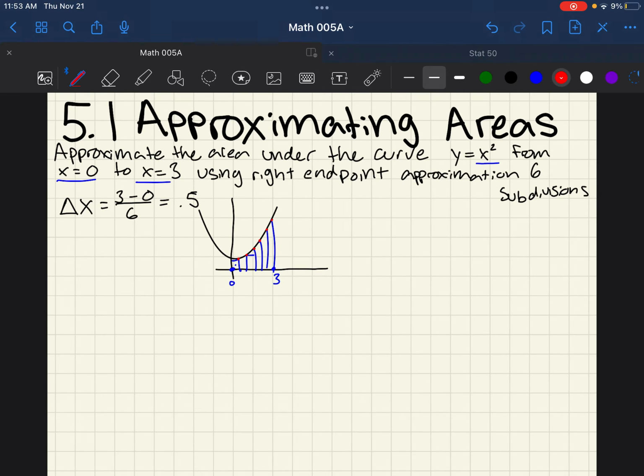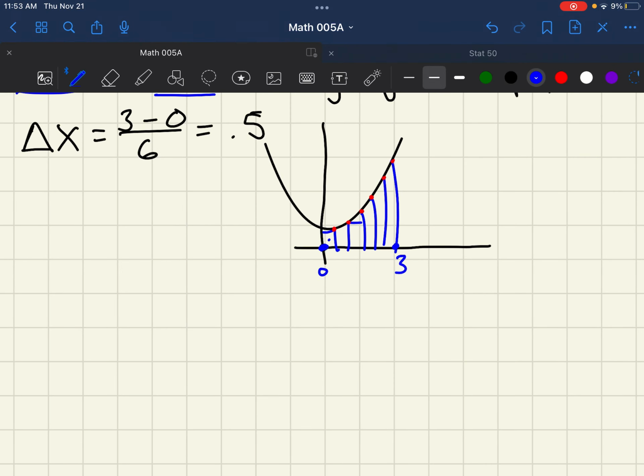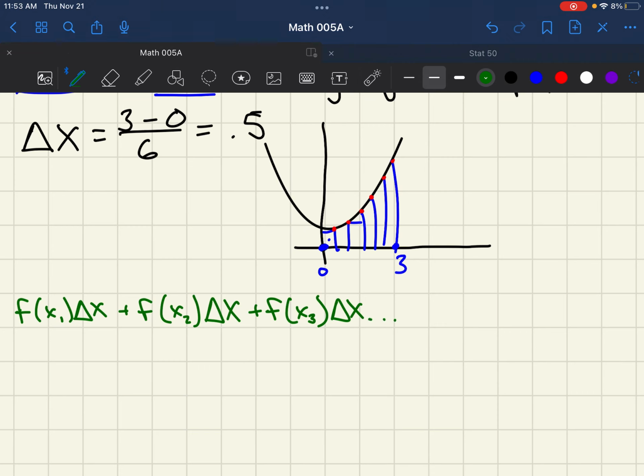And the formula for this is f of x1 times delta x plus f of x2 times delta x plus f of x3 delta x, so on and so forth until you reach f of x6 times delta x.